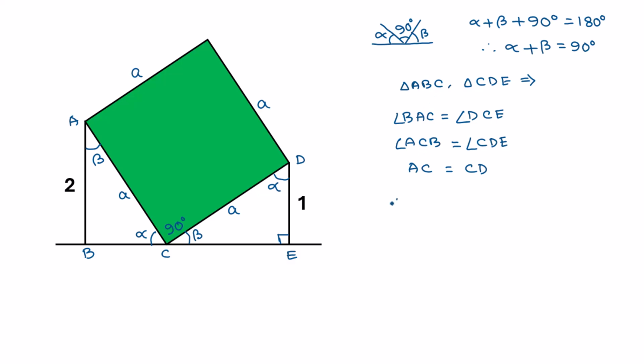That means triangle ABC is congruent to triangle CDE. That means the side BC is the same as the side length of this DE.